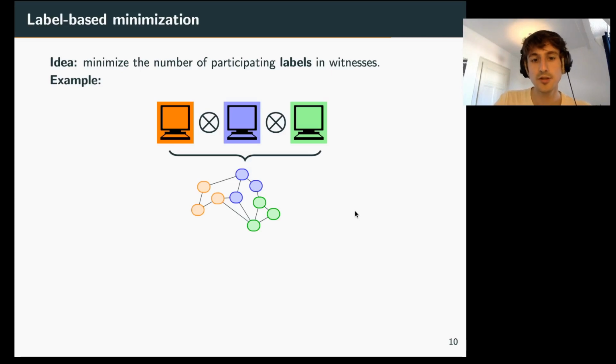Now in the subsystem, you want a component to either be fully out, so no color of that component should be in the subsystem, or you want to include it fully. So basically what you're asking for is a subsystem that minimizes the number of colors that it has.